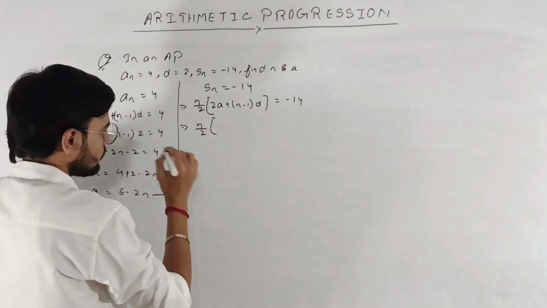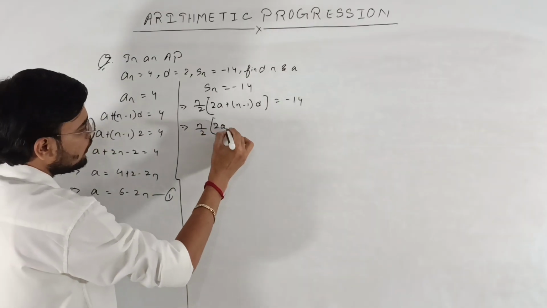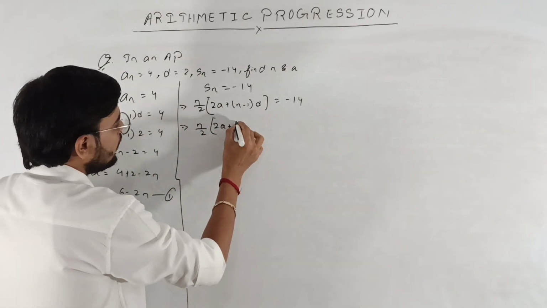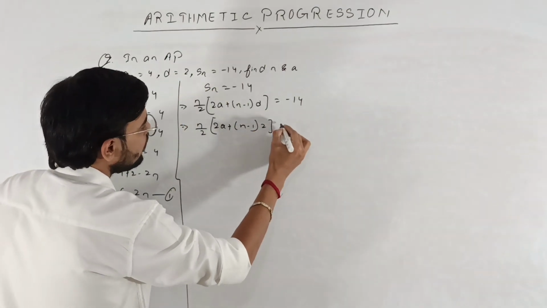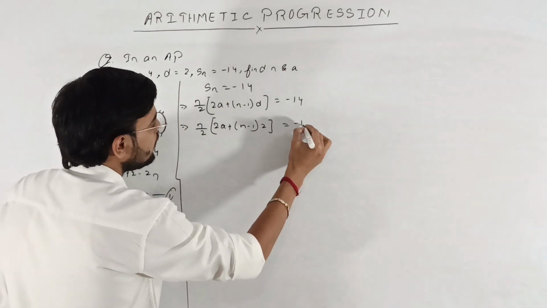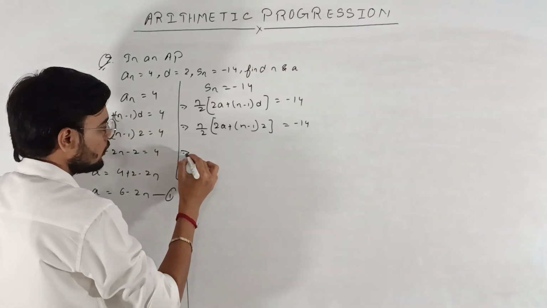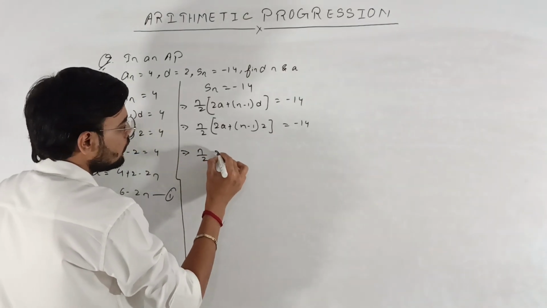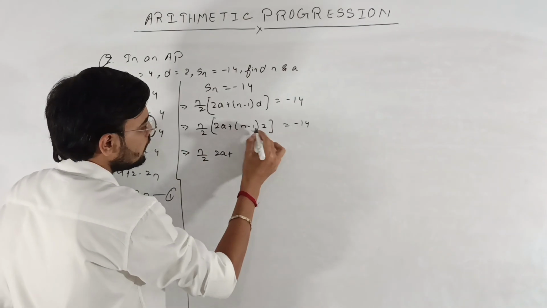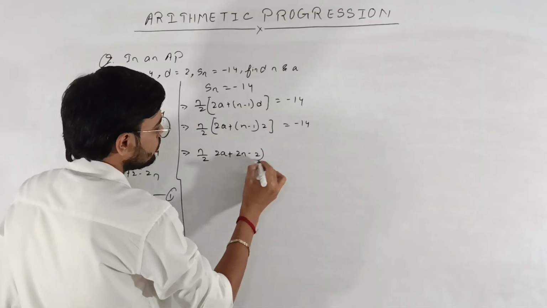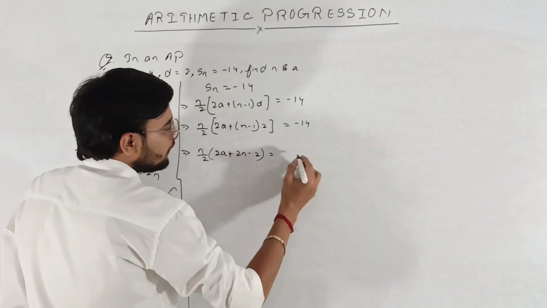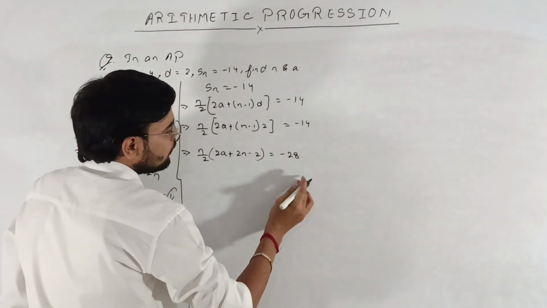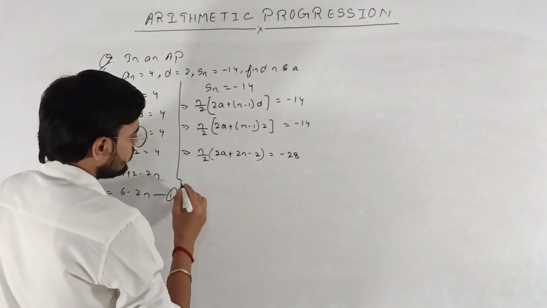Now 2a, first I write only 2a plus n minus 1. d is what? d is 2. So I write 2 is equal to minus 14. Now here n upon 2, 2a plus this is 2n minus 2 equals, this 2 goes this side and becomes minus 28. 14 into 2 is minus 28.